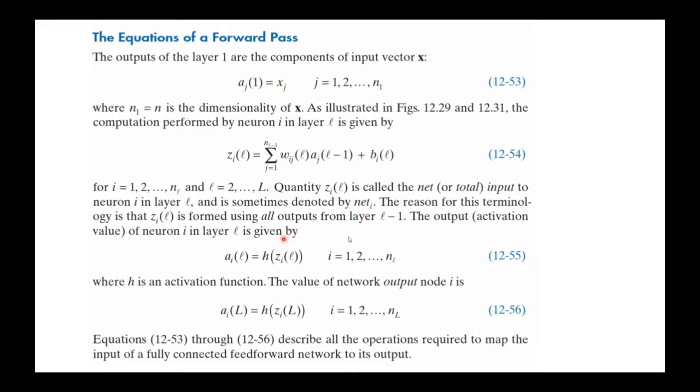And the output, also called the activation value of neuron i in layer l, is this calculated value after passing through an activation function h, as we've seen before. At the output node, at the last layer, that's layer capital L, the output will be the activation of the last neuron, which will give you a value for classifying this example.